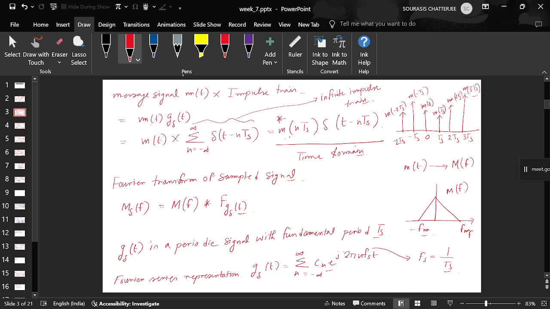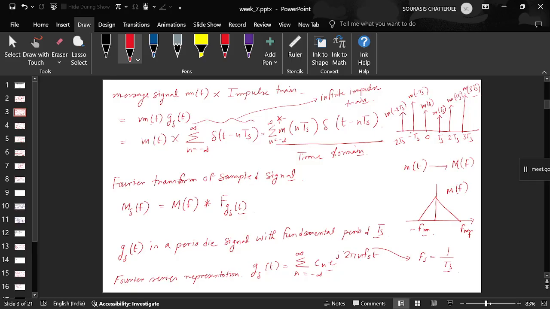So only the value of m at those integer multiples of the sampling period is picked, and the rest is 0. There should be a summation here, which I missed. So this should be a summation over infinity, and this is what you get as your sampled signal.